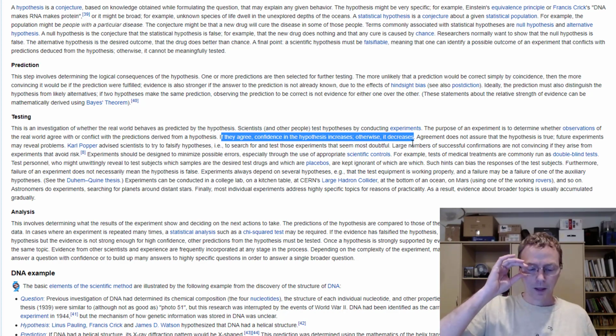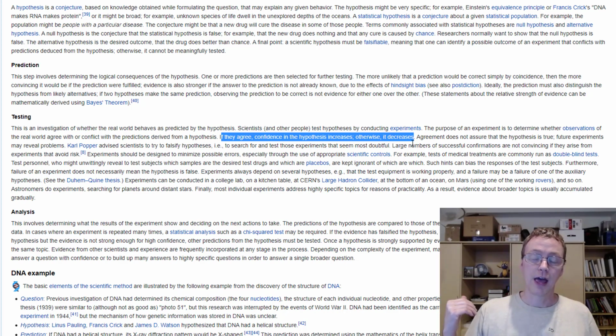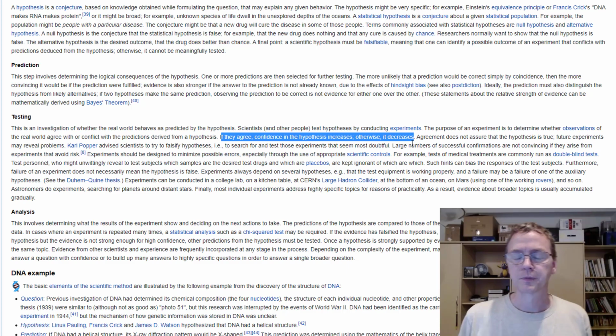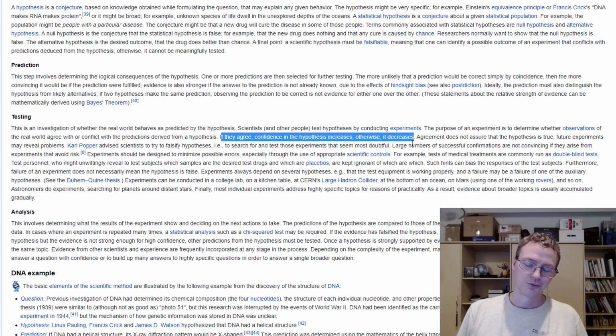There was the very famous example of the neutrinos from CERN that were initially measured to be moving faster than the speed of light. And so what did they do? Did they announce to the world, we've discovered faster than light travel? Did they announce, we have overturned special relativity? No, that's not what they did.